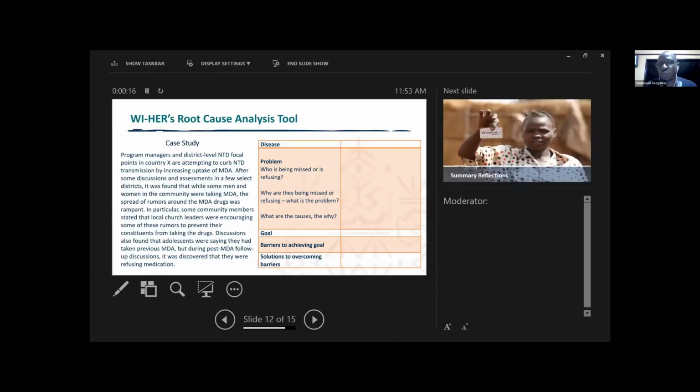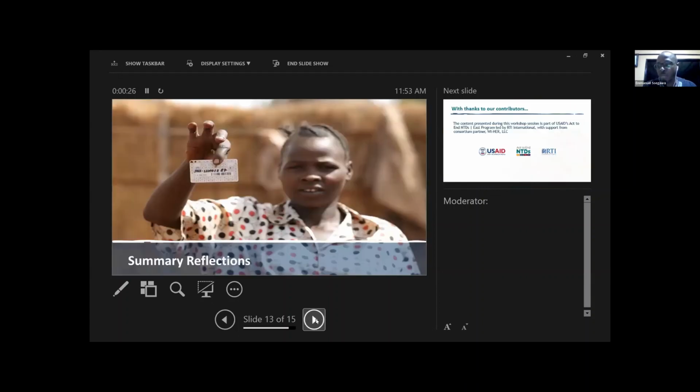And this is the main reason we embrace equity and inclusion. Also important is that operational research will provide us with the data that will help us to identify the gaps that we are addressing. And then this will help us to tailor our interventions to ensure that we reach the last mile. It is operational research that will give us both qualitative and quantitative data. We need the numbers, but we also need the stories behind the numbers to be able to adjust our approaches and reach the last mile.